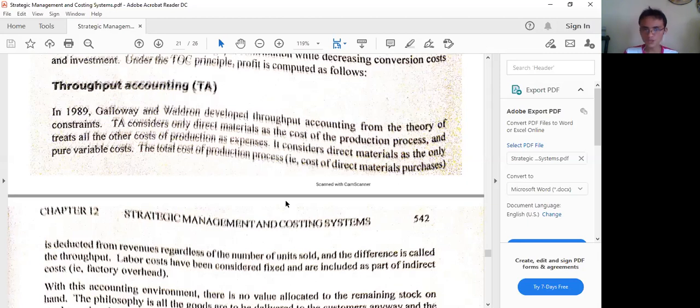In the long run, all costs will be variable, so they can be controlled in the long run. Anyhow, going back, it wouldn't make much of a difference because the other costs are expenses anyway.